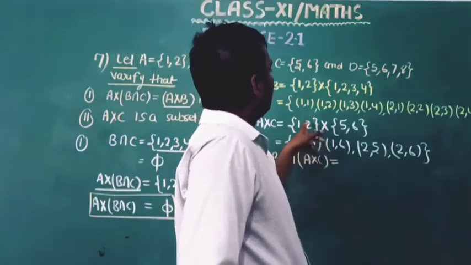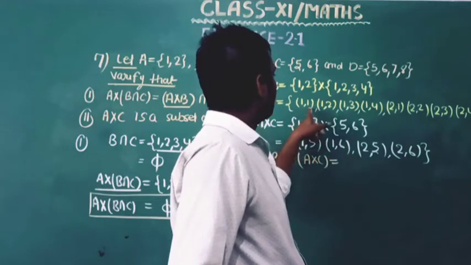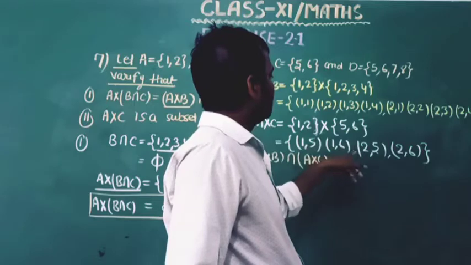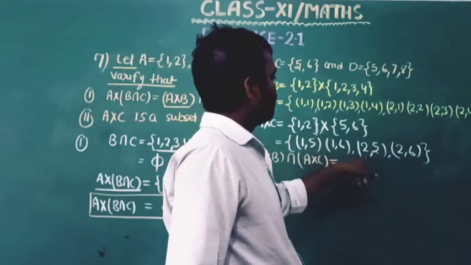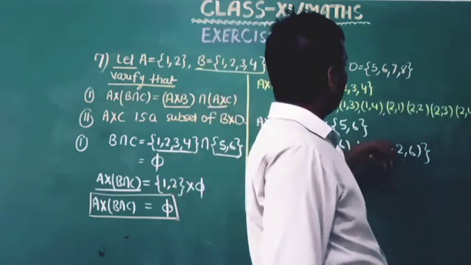Observing which ordered pair is common in both sets: 1 comma 1, nothing here. 1 comma 2, nothing. 1 comma 3, nothing. 1 comma 4, not present in A cross C. 2 comma 1, okay.